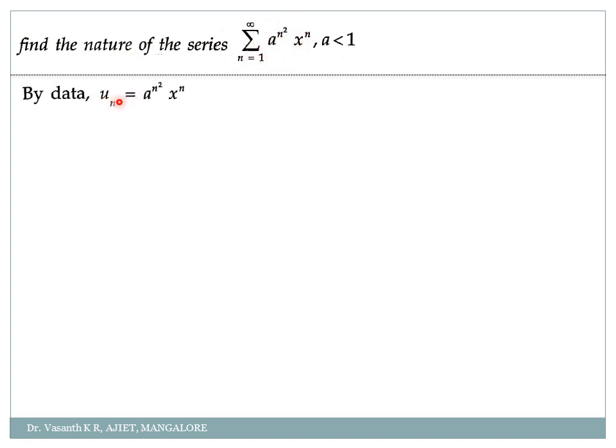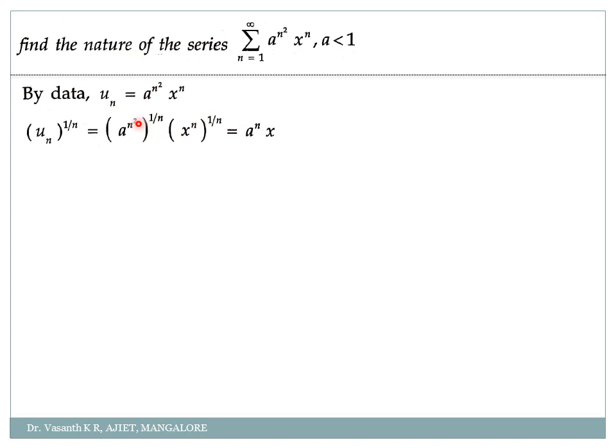By data you write un is equal to a to the power n square into x to the power n. Next, what is the procedure? Before taking the limits, you have to raise it to the power 1 by n. So un to the power 1 by n will be equal to a to the power n square to the power 1 by n into x to the power n to the power 1 by n.